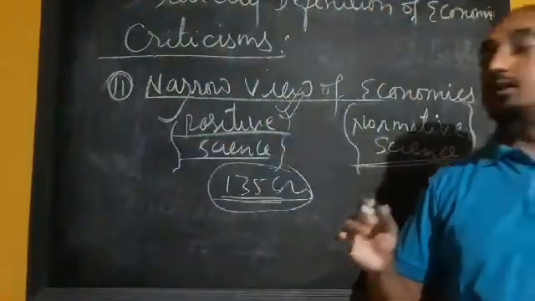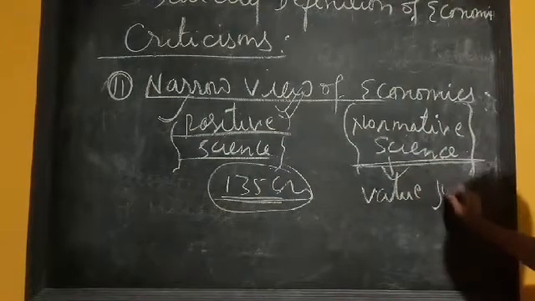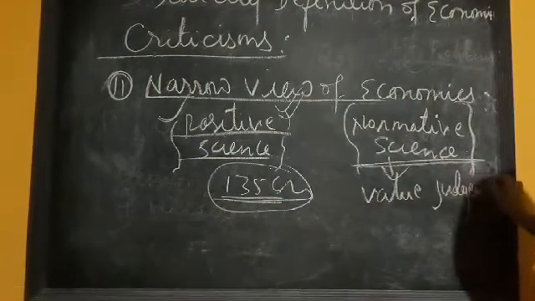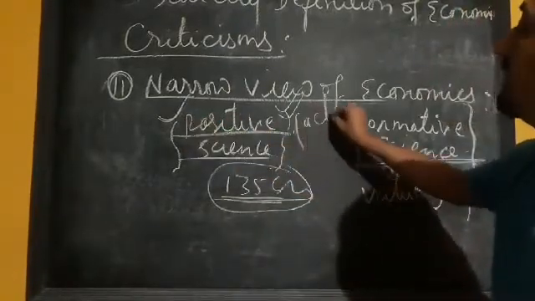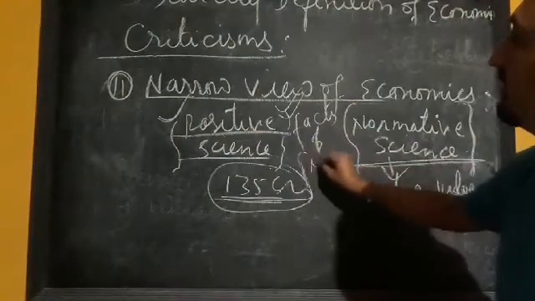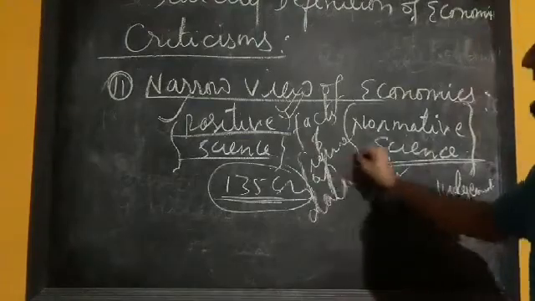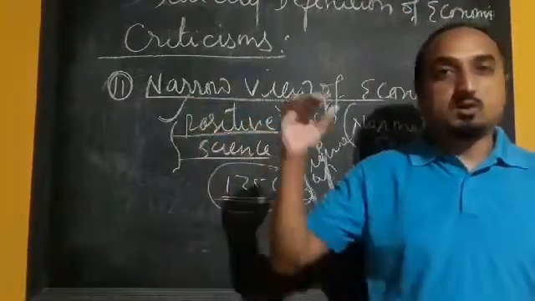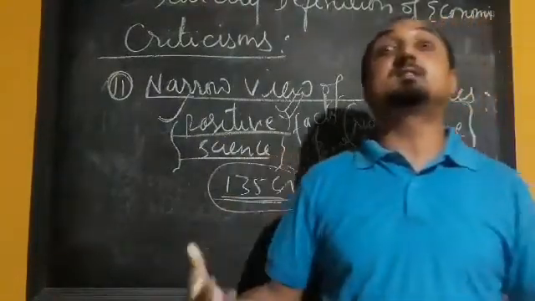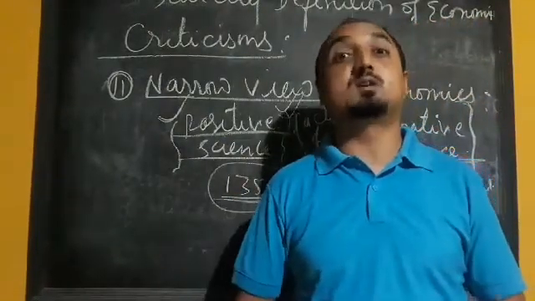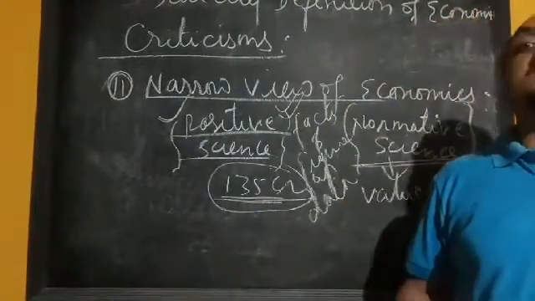Here you have to understand that normative science is related to value judgment, and positive science studies facts and figures, or we can say the study of data. That is your positive science. According to another group of economists, economics is not only the study of facts, figures and data, but also the study of value judgment.